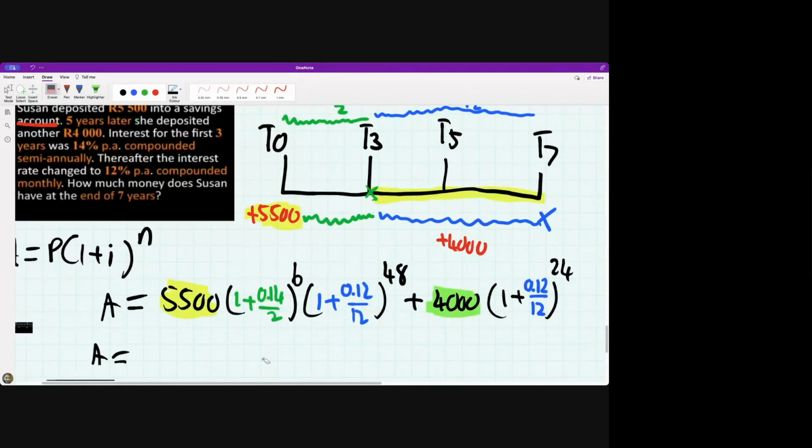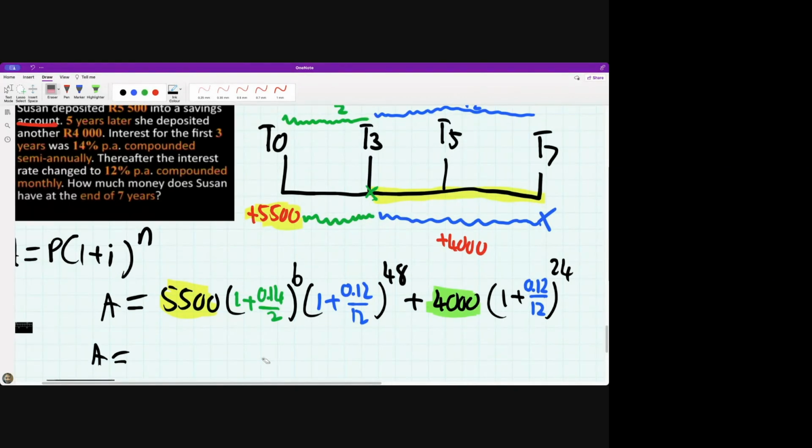And I'm just going to bring it down, go equals, I've got a messy number, times, open bracket, 1 plus fraction 0.12 over 12, close bracket, to the power of 48, equals, plus 4,000 times, open bracket, 1 plus fraction 0.12 over 12, close bracket, to the power of 24.